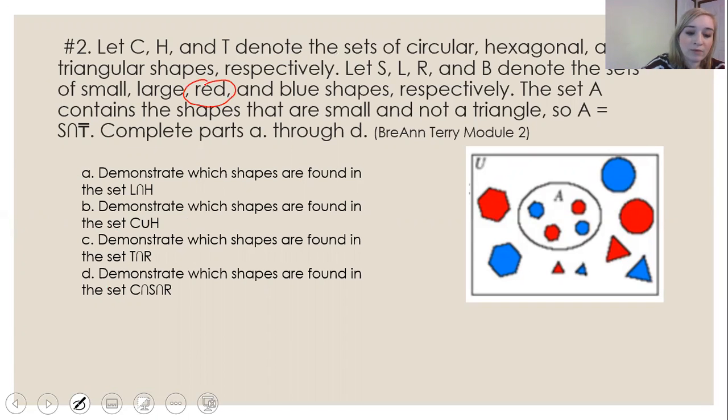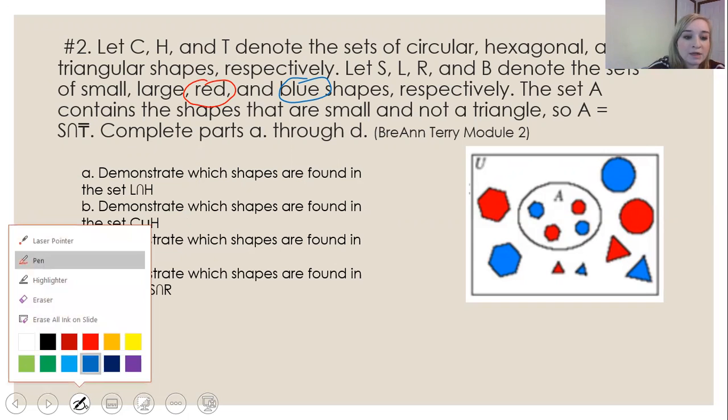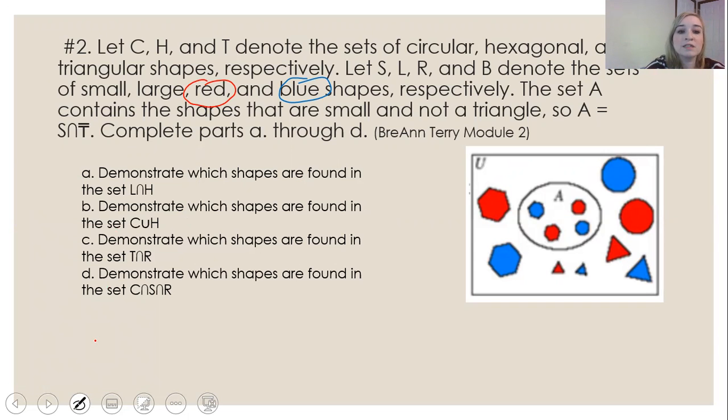So we have red, we have blue shapes, and all these shapes are either small or large. So we have to come up with a statement based off of what we're given here. So we see that here it says, demonstrate which shapes are found in the set L intersection H. So we need to look at our chart right here and determine what this is telling us.